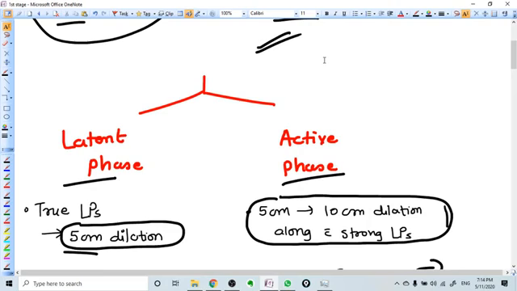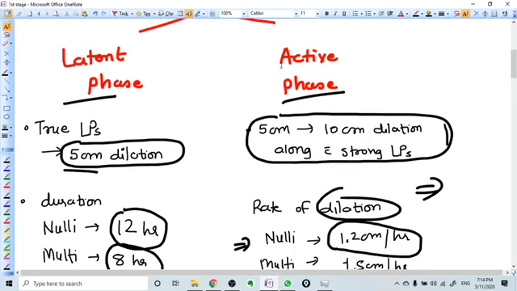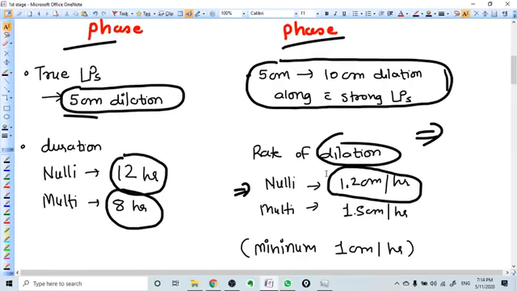For the sake of definition, the latent phase is up to 5 centimeters of cervical dilatation, and the active phase is after 5 centimeters of dilatation. What are the normal ranges?